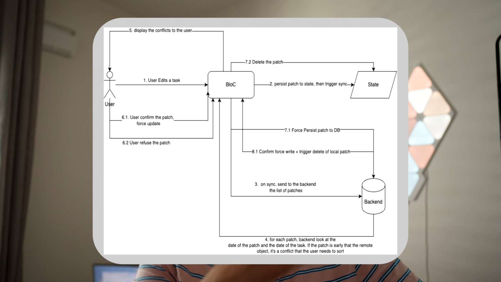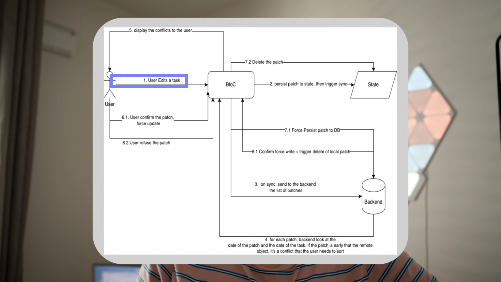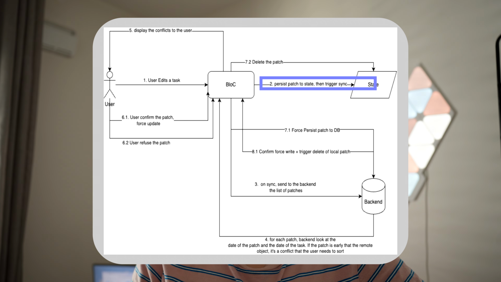I've explained what models I'm going to use to do the patches. So how does it work? First, you have a user who asks the block to edit a task. This edit action is transformed into a patch, which is stored locally inside the state.